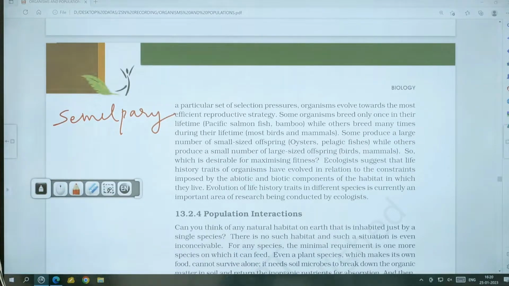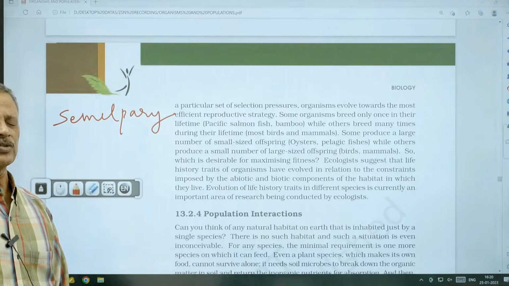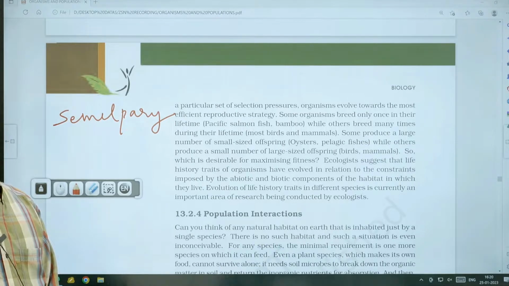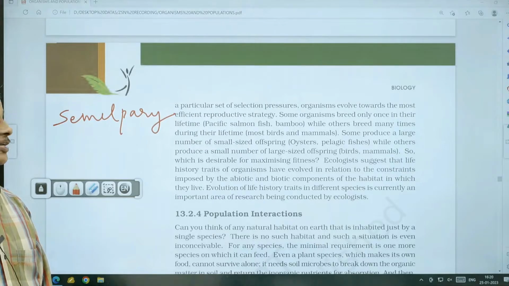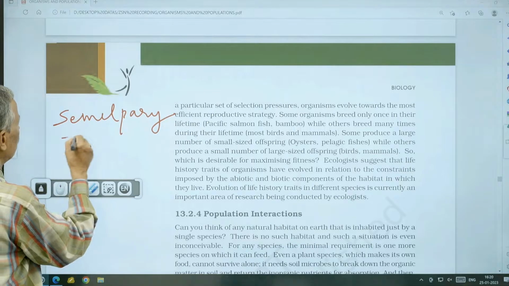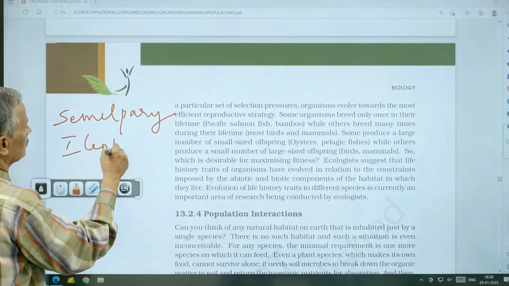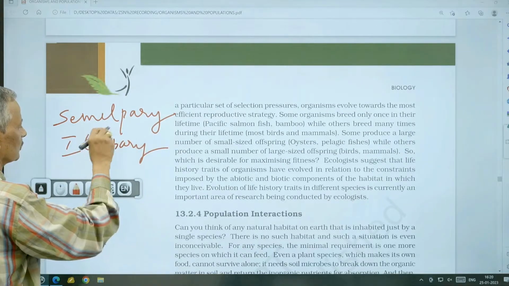Whereas many others will reproduce many a time, year after year, or within the same year they will be reproducing several times. It is called iteroparity. So these are the two techniques.